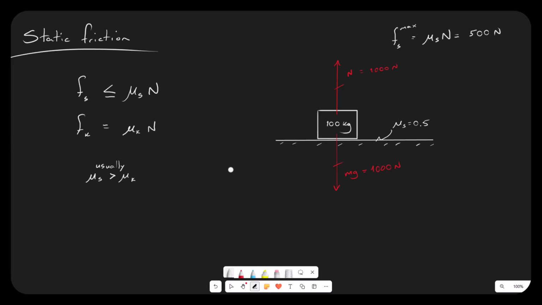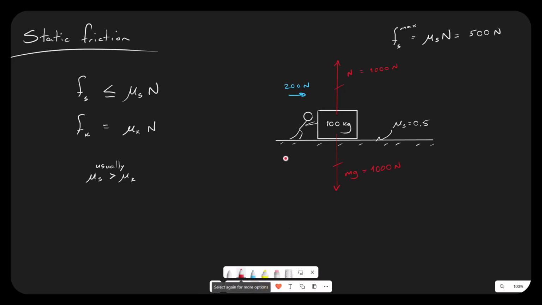If I push on this block with no force at all, I just leave it sitting here, I can't really have a static friction force because, well, that would mean the block would start moving on its own. If I stand over here and I push with, let's say, 200 newtons to the right, I have not yet hit that maximum static friction force.